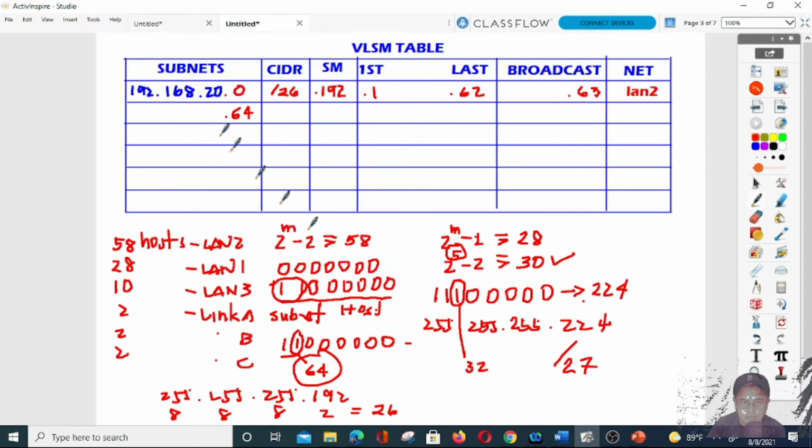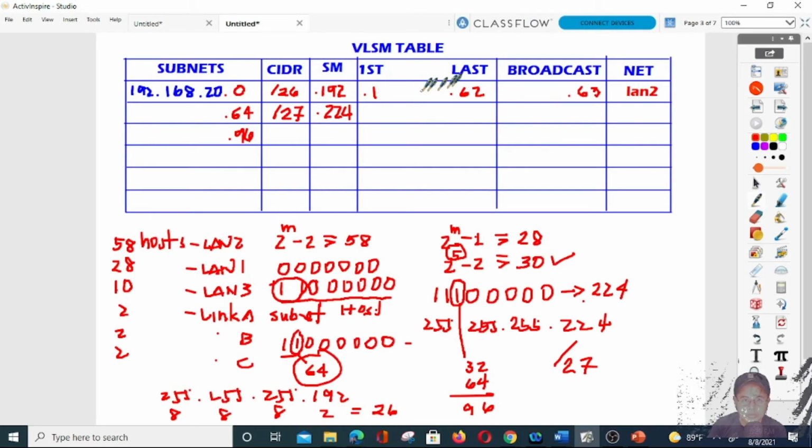So we add 32 to 64: 64 plus 32 is 96. Our next subnet is 96. And we use the next subnet here, /27. This is that 224. So they have different subnet masks.